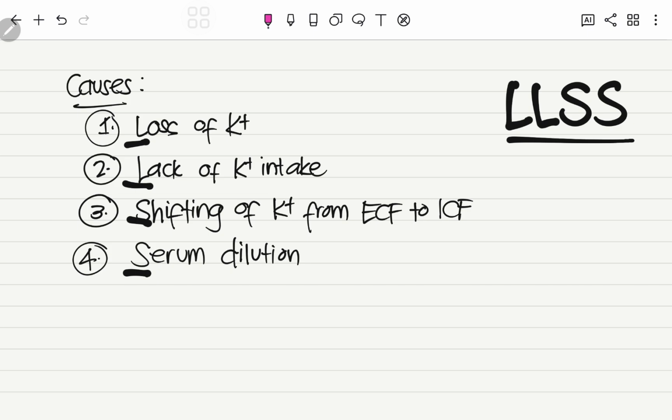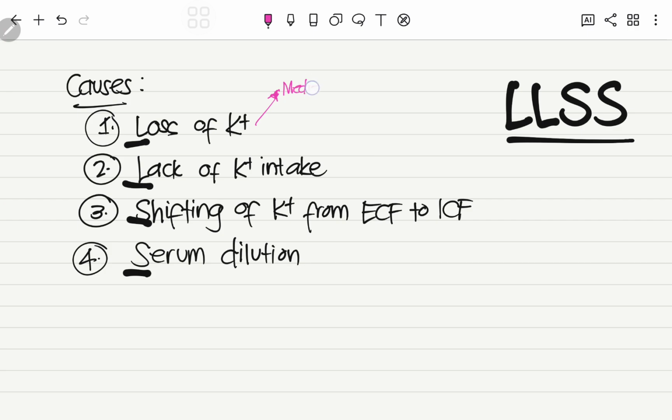One of the most common cause of your actual loss of potassium could be the use of your drugs or medications.